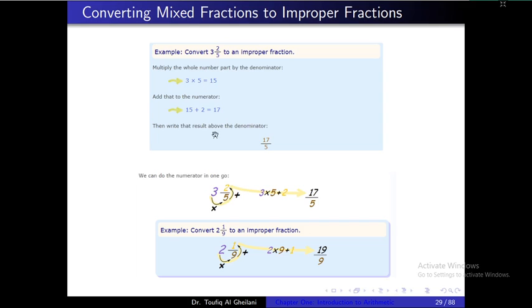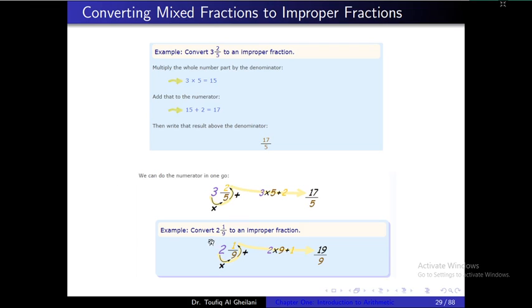We get 17. So the result will be 17 over the same denominator, 17/5. We can do the numerator in one go, in one time. So we multiply 3 times 5, 15, plus 2, 17, will be 17 over the same denominator.